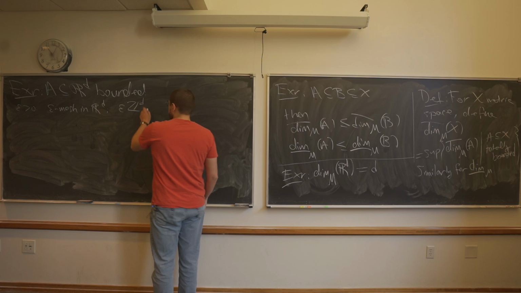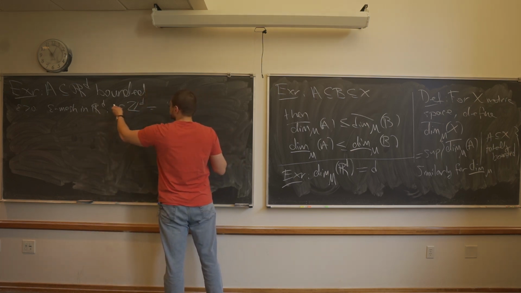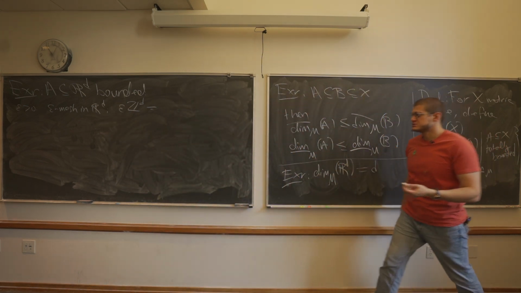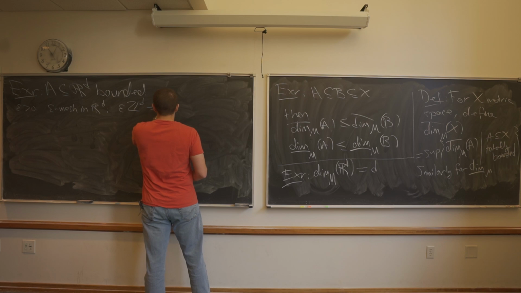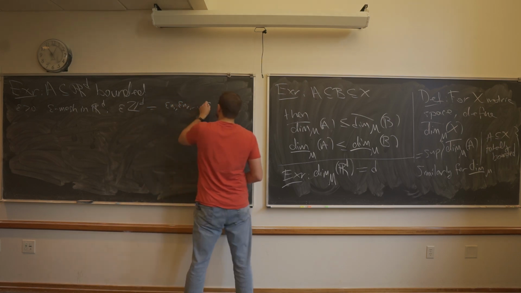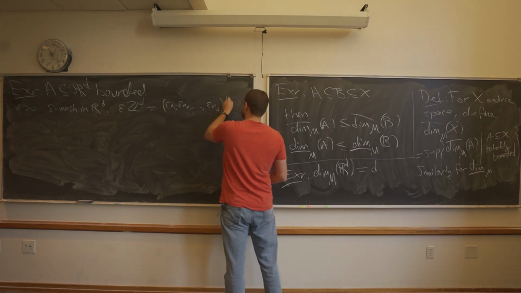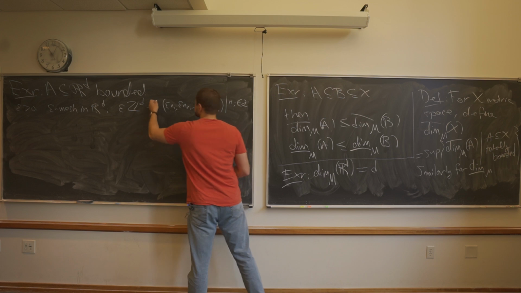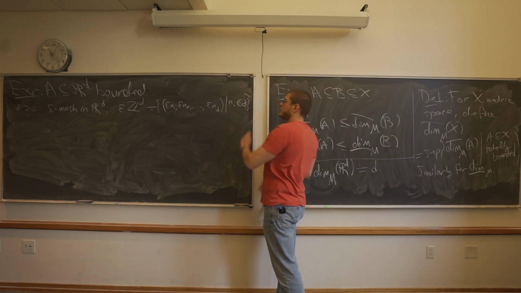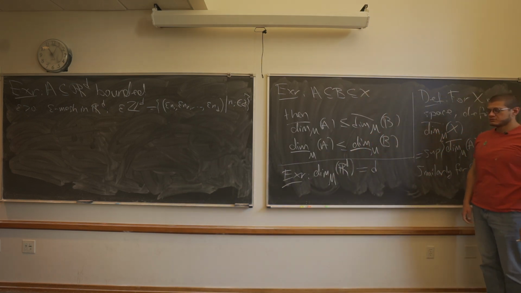What do I mean by this? I just mean the subset in R^d consisting of epsilon-scaled versions of tuples of integers: epsilon n_1, epsilon n_2, dot dot dot, epsilon n_d, such that each n_i is an integer. So this is an epsilon-scaled version of the integer lattice, if you want.